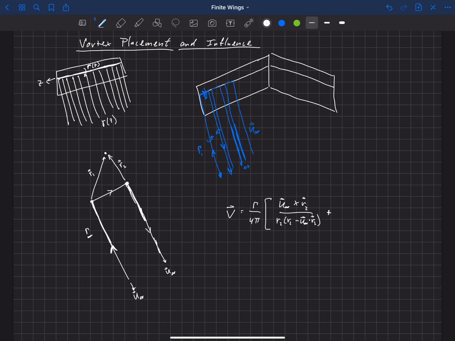So positive is in this direction, and so we actually have to flip the sign on the second one, which I forgot to do here.